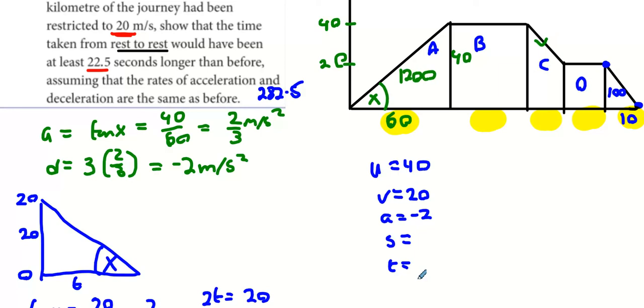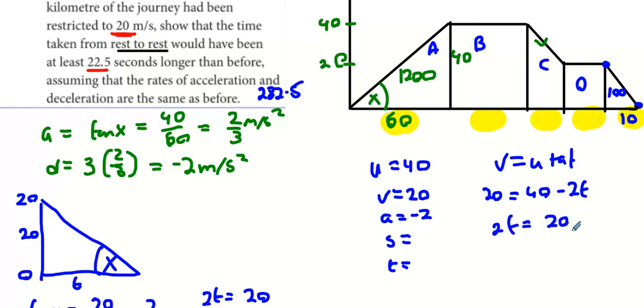So what do you reckon, guys? v equals u plus at. 20 equals 40 minus 2T. 2T equals 20. So T equals 10. Makes sense, doesn't it? Decelerating from 40 to 20 takes the same time as going 20 to 0 using the same deceleration. Yes?